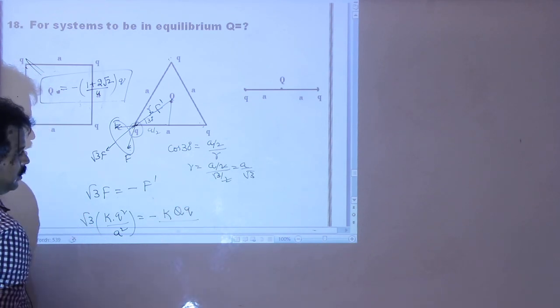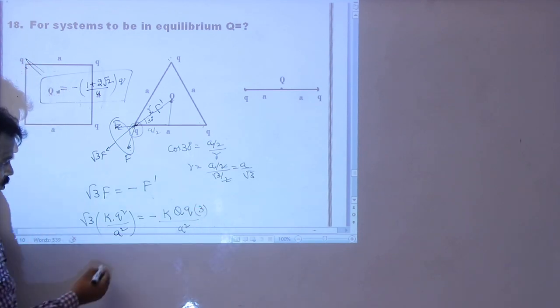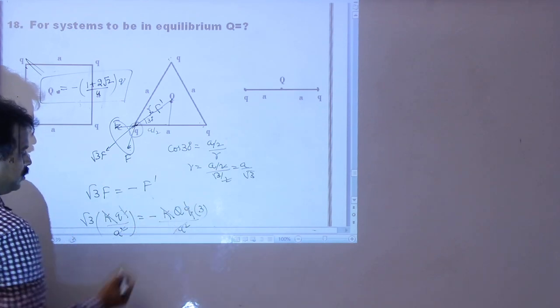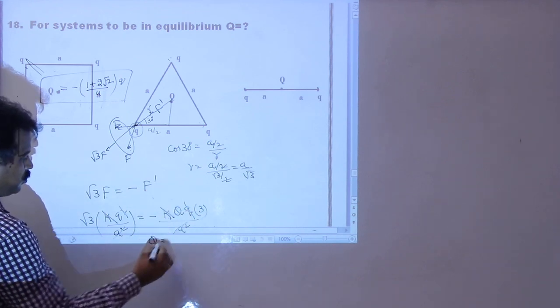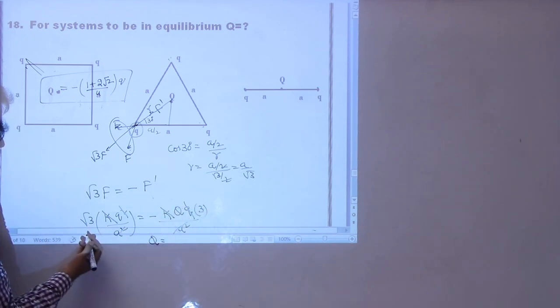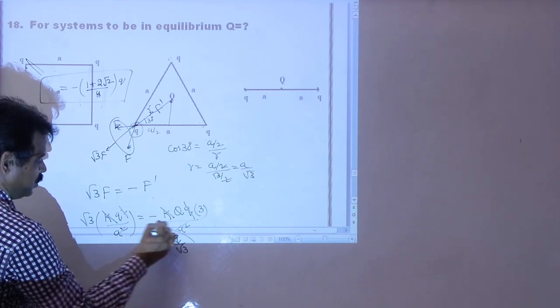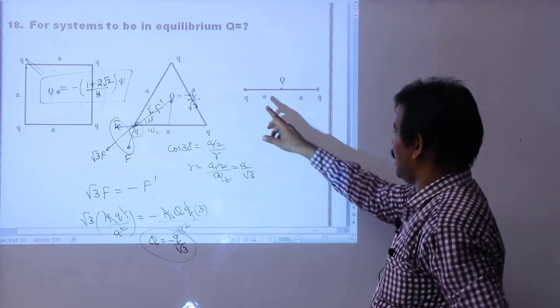So you can write K capital Q small q by A square into 3. Now you can cancel A square, you can cancel Q and Q, you can cancel K and K. So now the value of Q must be equal to, this 3 will come here, minus q by root 3 is the value.